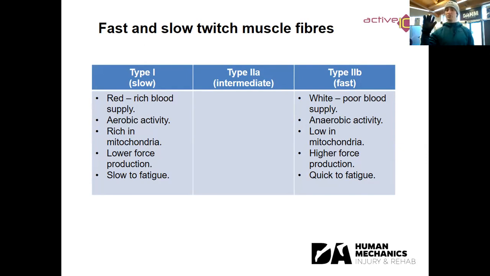Because there's a poor blood supply, this tissue is generally white in color, blood making it red. So we have low levels of mitochondria in these types of fibers. Again, there's just no need for them to be there. Mitochondria, like we said, sit within the cells and produce energy via oxygen.